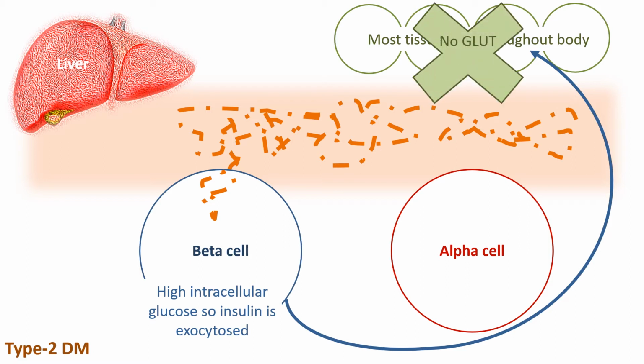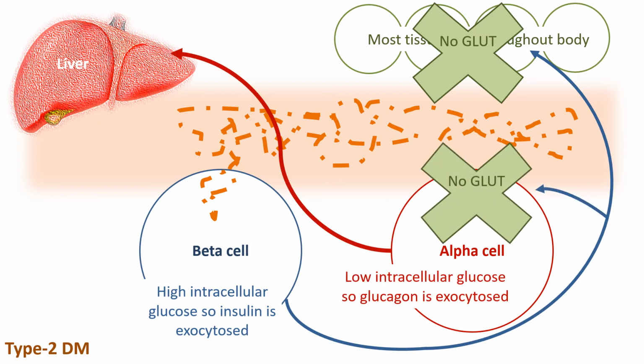But it still results in no additional expression of GLUT transporters because of issues in the signaling process: insulin resistance within those cells. So GLUT are not increased, that glucose can't be taken up by those cells, so it remains in the blood, causing hyperglycemia.